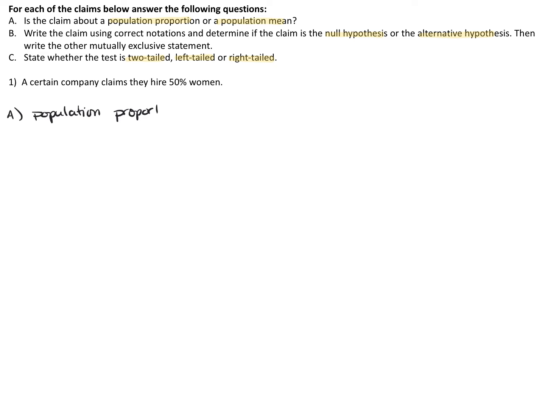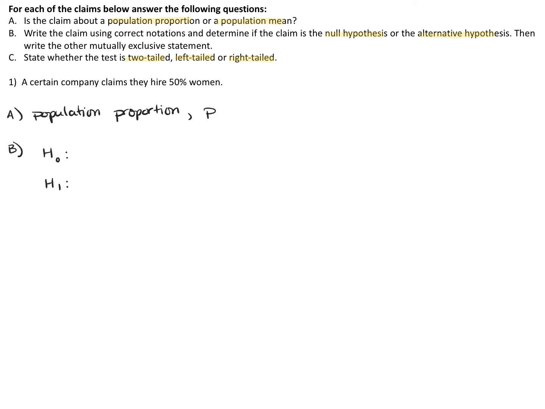And so the notation that you're going to use when you write your hypothesis is your hypothesis is going to contain some p-value, okay? So in question B, let's write down the claim and then determine if it is the null or the alternative hypothesis. So the notation we use for writing the null hypothesis is H sub 0, and the notation for the alternative hypothesis is H sub 1.